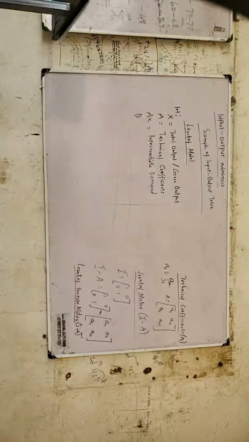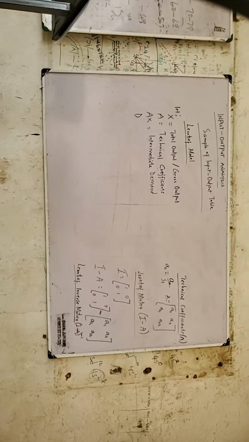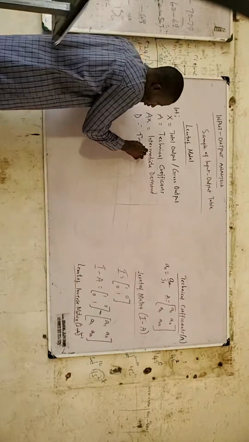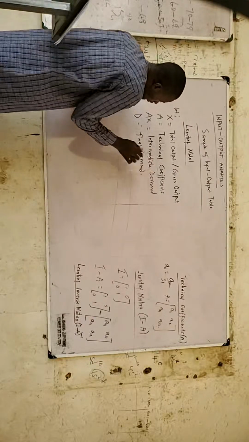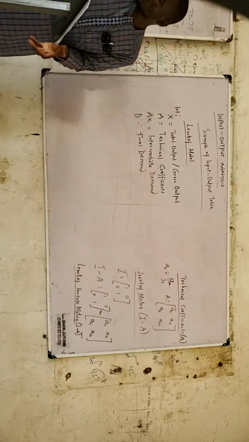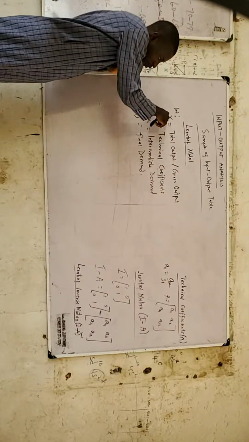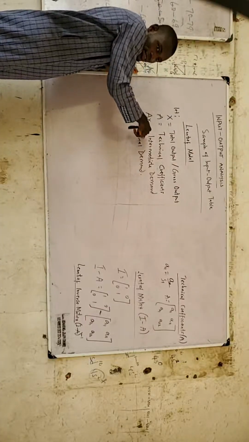So D is the final demand. Now, we established something earlier that for you to get a total output is a sum of the intermediate demand and the what?